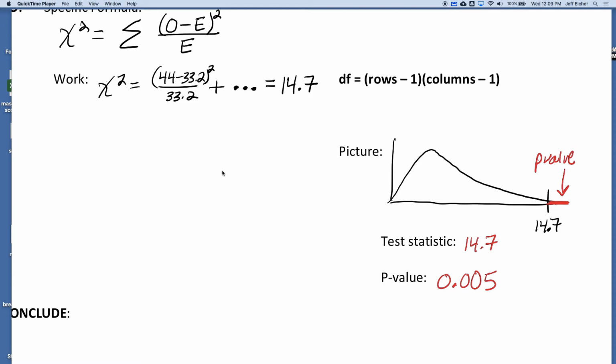The calculator showed us the degrees of freedom being 4. The formula that was used to calculate that is number of rows minus 1 times number of columns minus 1. And I'll show you in a second where that formula comes from. But we had 5 rows, 5 colors, and we had 2 brands. So that would be 4 times 1 is 4 degrees of freedom. So this is a chi-squared distribution with 4 degrees of freedom.